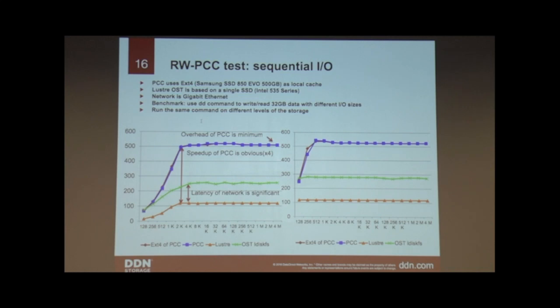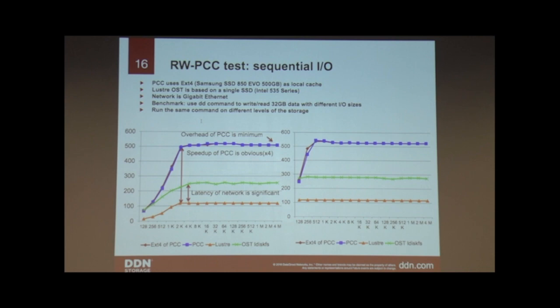As you can see, the network is not good, because the OSD LDiskFS has higher performance than the Lustre client. And as we tested the ext4 file system on the PCC storage, we can see that the Lustre client using PCC has similar performance to the ext4 file system on the PCC storage.